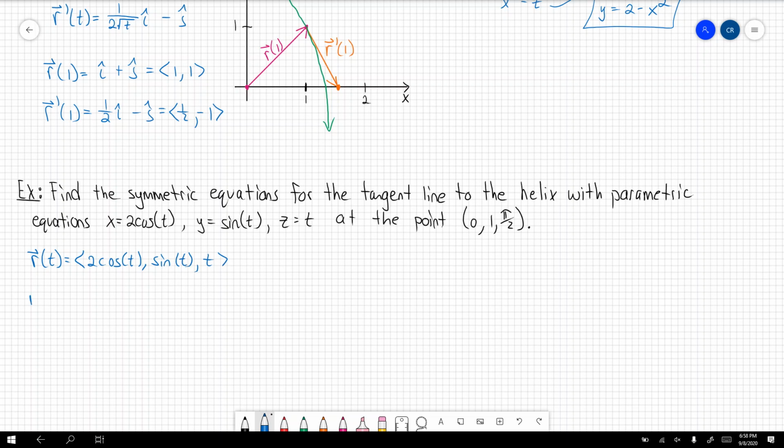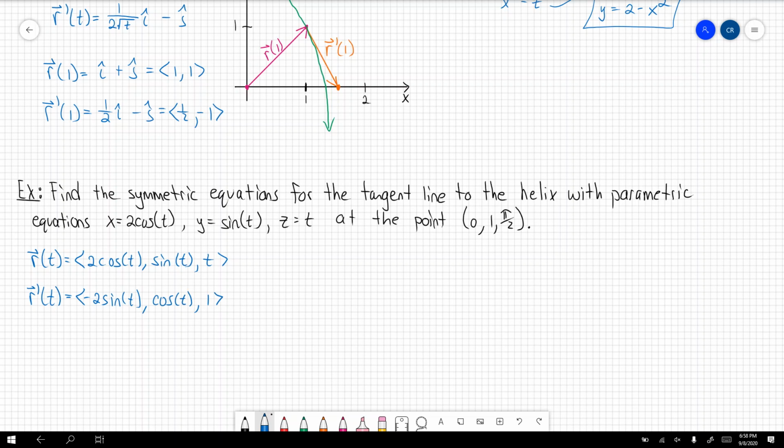So taking the derivative here for this vector position function will now give us negative 2 sine of t, cosine of t, and 1. There we are. It's looking pretty good.